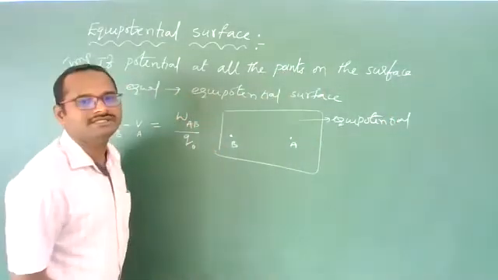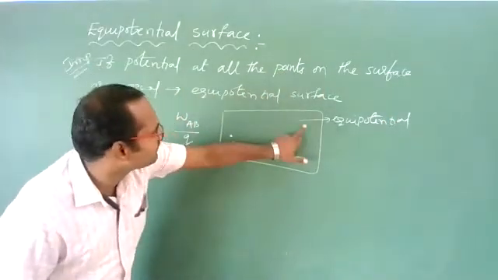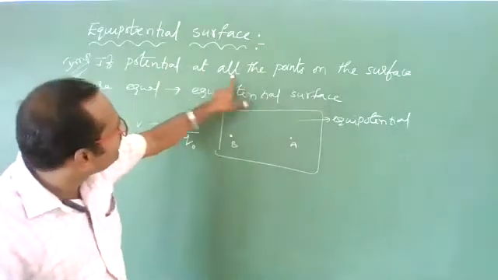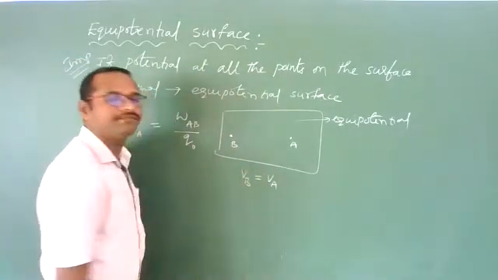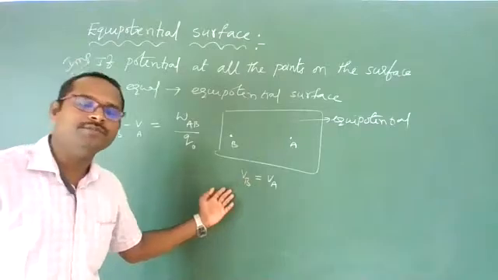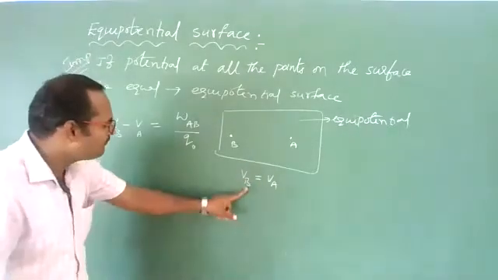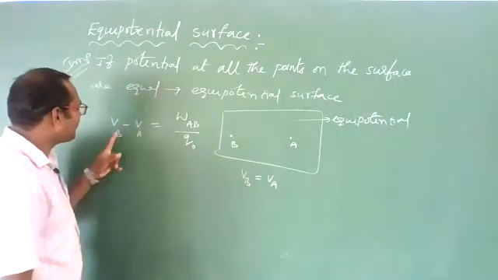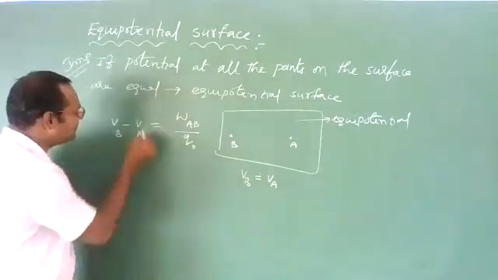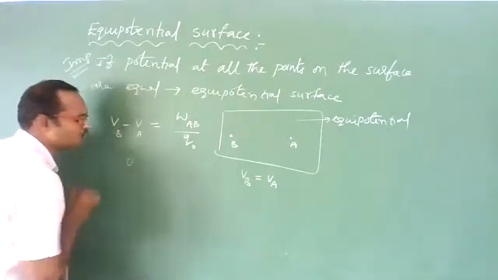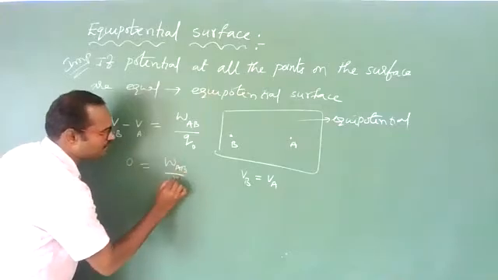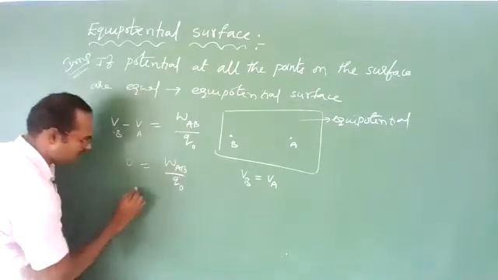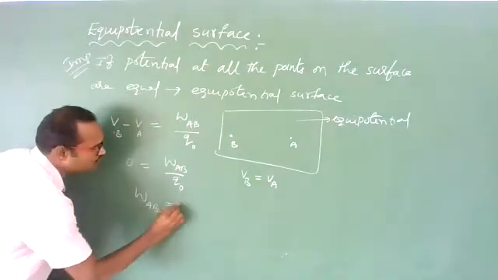Now, if you consider this one surface and this surface is equipotential, then according to equipotential surface, the potential at all the points should be the same. Means VB should be equal to VA. Now, if VB is equal to VA, then VB minus VA becomes 0. That implies WAB per q naught is equal to 0, so WAB should be equal to 0.